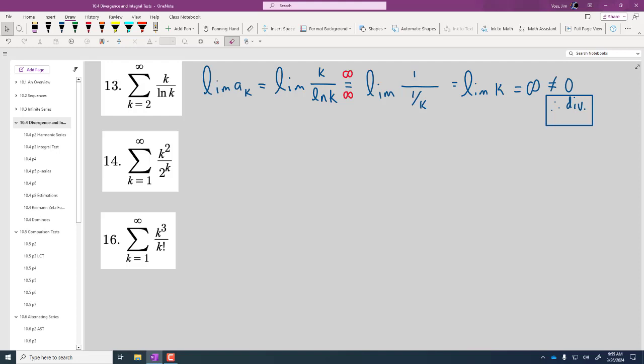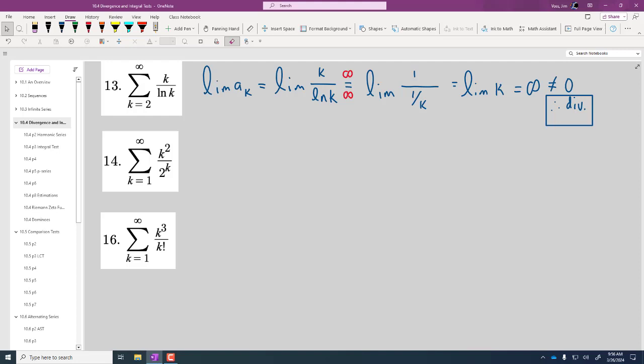In this case, I see a polynomial divided by an exponential. I know those are going to 0. Exponential grows faster than a polynomial. That could be k to the 5 million divided by 2 to the k. That will still go to 0. An exponential dominates all polynomials. So this is going to go to 0.